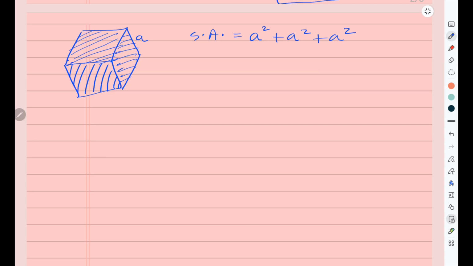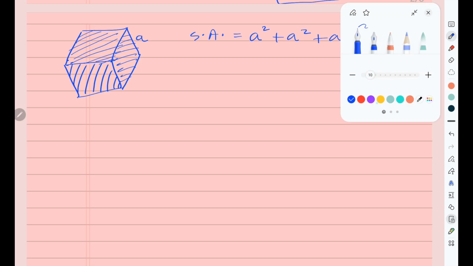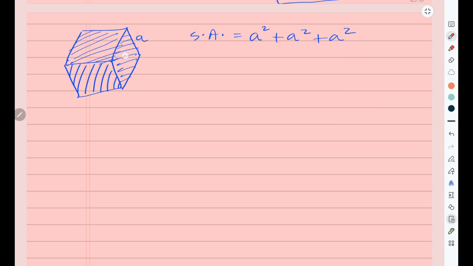All these things are squares. And then you can see that there is an area opposite to this one also, and there is an area which is opposite to this one, and then there is an area which is opposite to this one also. So we can say that a square plus a square plus a square, 2 times, isn't it?